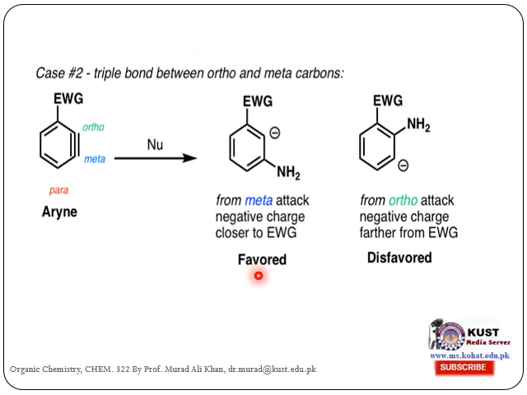So the presence of electron withdrawing groups will also direct the attack of the nucleophile, and the closer the resultant negative charge is to the electron withdrawing group, the more favored that product will be.